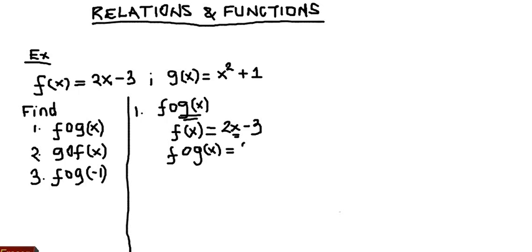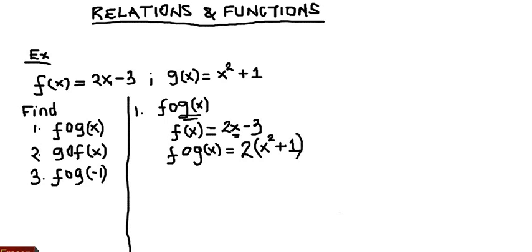So we want to write the function f of x, and where there is x in the function f of x, we're going to put the function g of x, which is given as x squared plus 1.